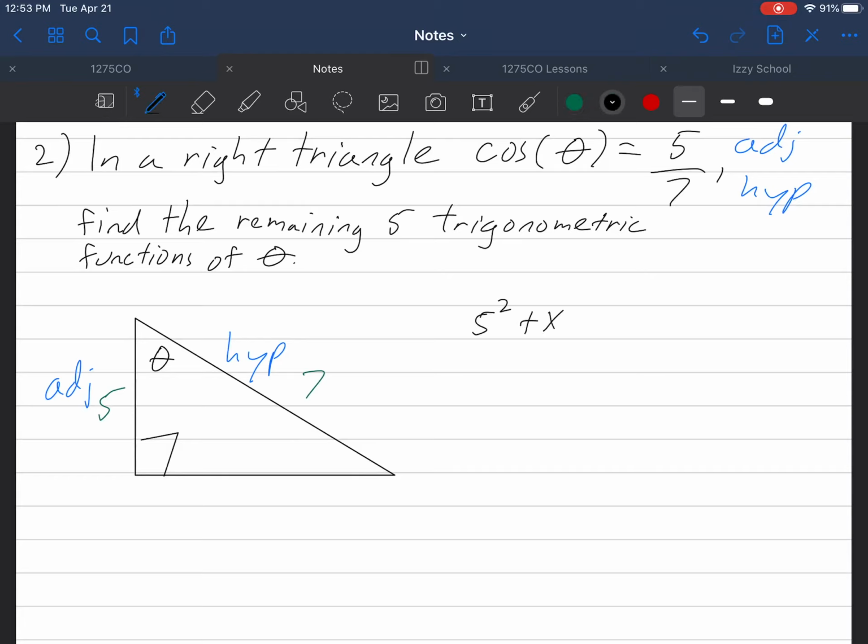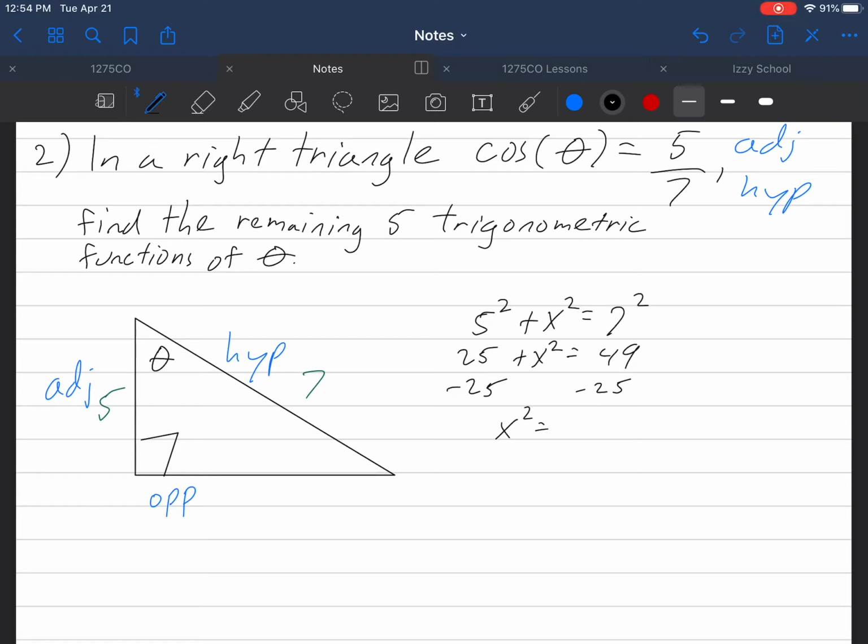5 squared plus x squared is equal to 7 squared is going to help us find the measure of the opposite side, which is the third missing one. So 25 plus x squared is equal to 49. Subtract 25 from both sides.